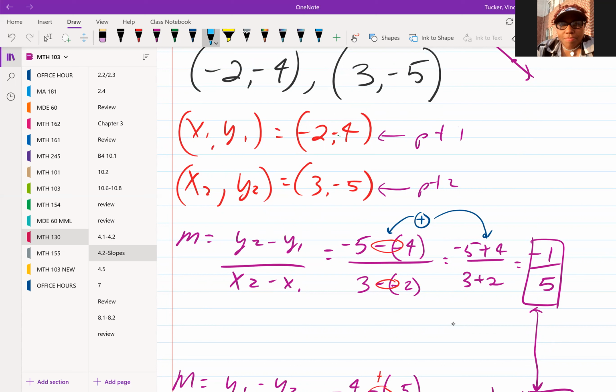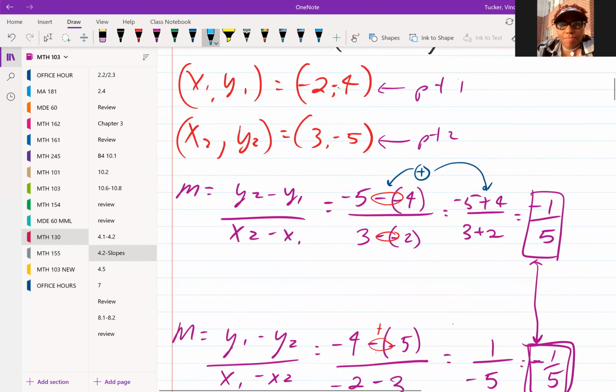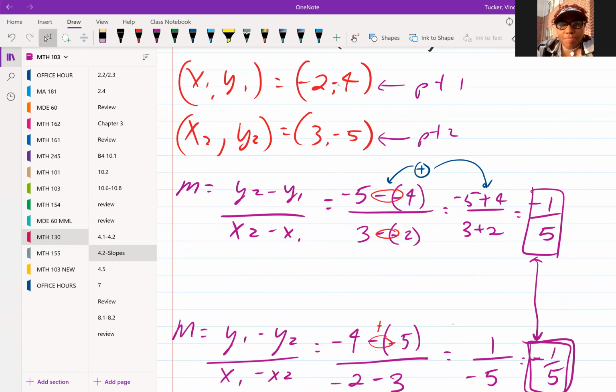The bottom is x2, which would be 3, minus, since this is going to be minus a negative, we're going to put parentheses there. And then we total. So that's going to be my answer: -1 over 5 is the answer for that particular problem. Gotcha. So we're just following the formula. Yep. Thank you.